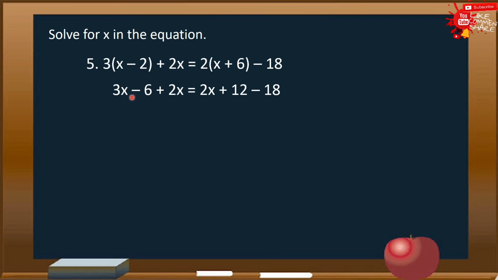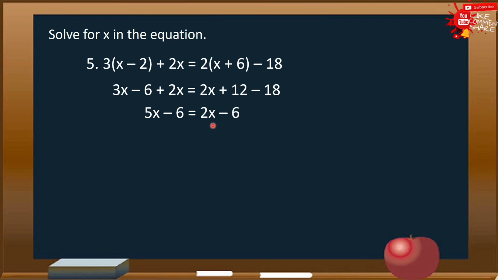So we have your 3x and 2x. So 3x plus 2x is 5x. Then we just copy negative 6. Then we have your copy 2x, then combine 12 minus 18. Or we have 12 plus negative 18. And 12 plus negative 18 is negative 6. So we will now have 5x minus 6 is equal to 2x minus 6.